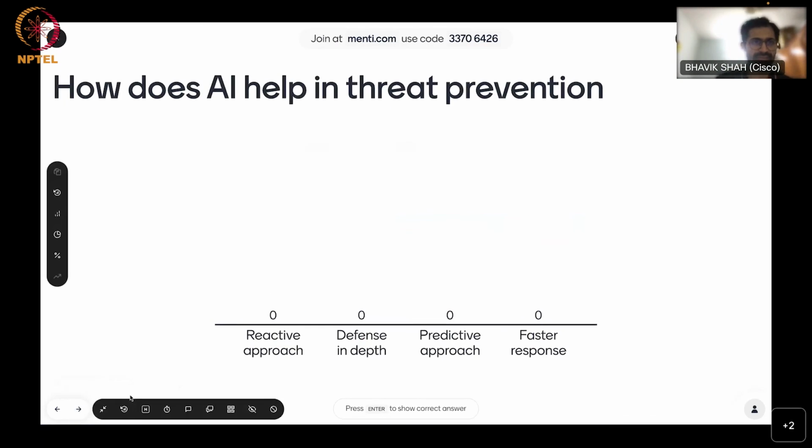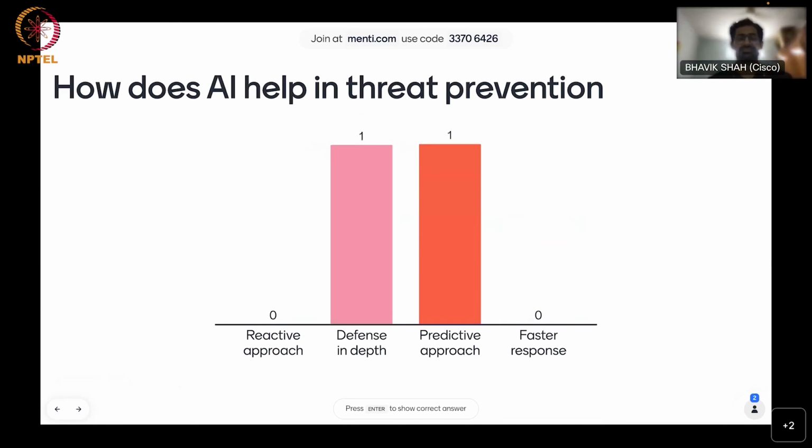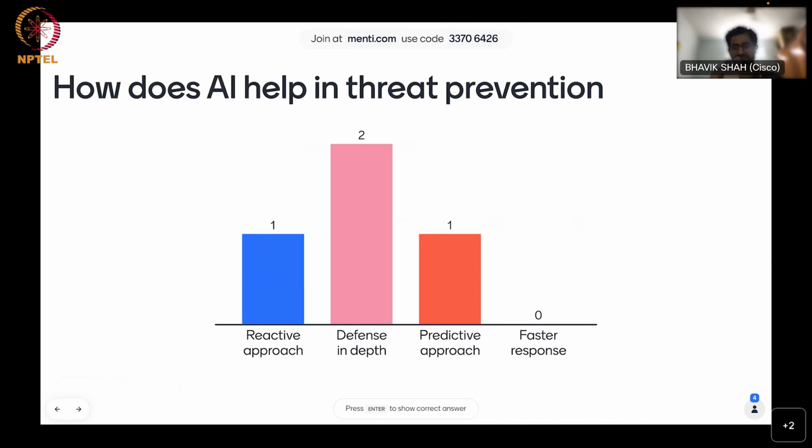And the last, how does AI help in threat prevention? Is it reactive approach, defense in depth, predictive approach, or faster response? Okay, so someone said predictive, someone is saying defense in depth, someone is saying reactive.